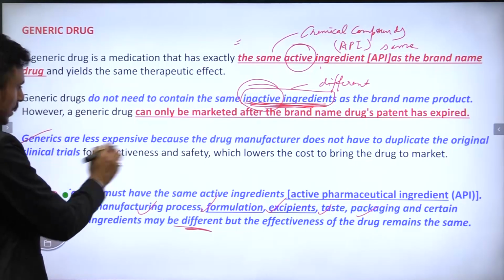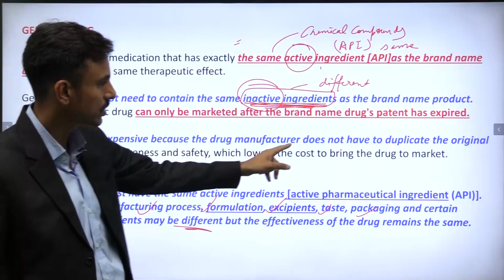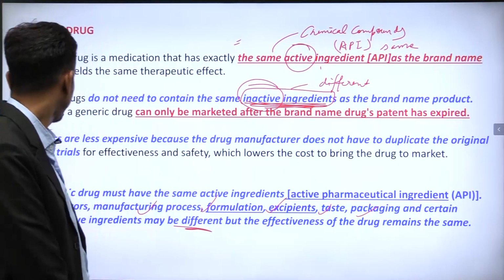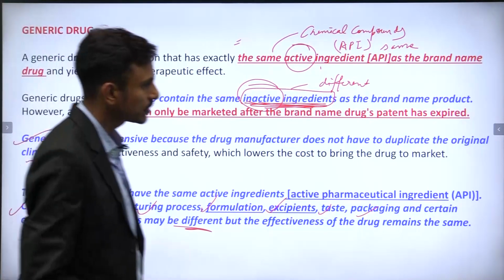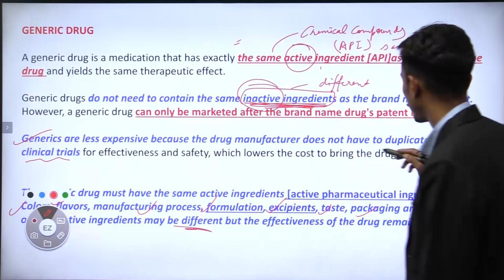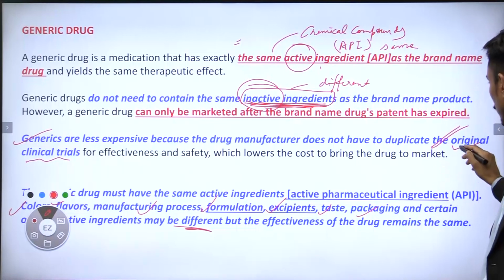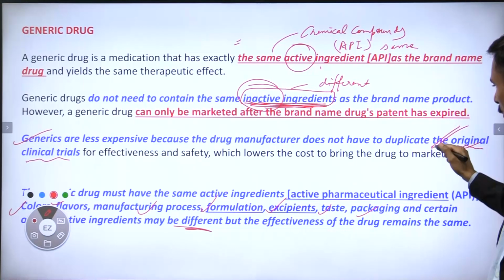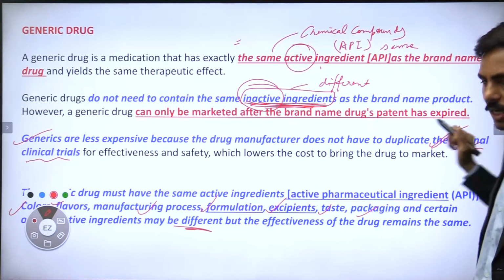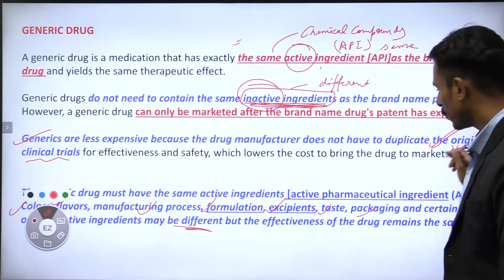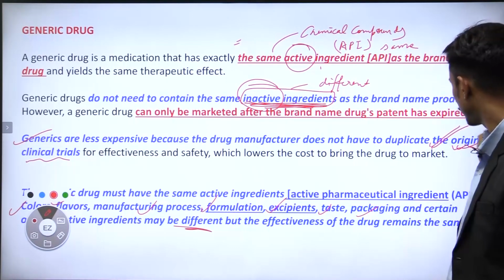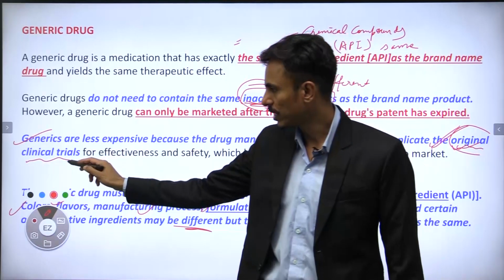So generic drugs are less expensive because the drug manufacturer does not have to duplicate the original clinical trials, right? Because the branded company, for example Cipla, Ranbaxy, they have invested a huge amount in the original clinical trials, right? Now the government here won't be repeating the original clinical trials which have already been done.